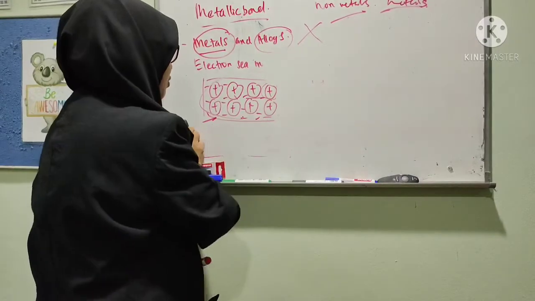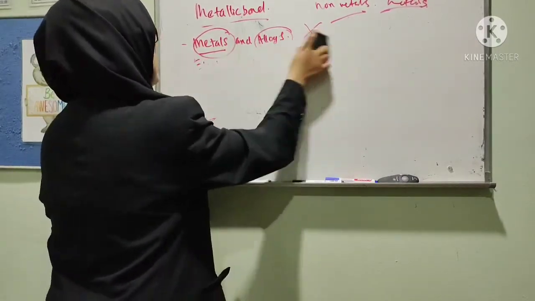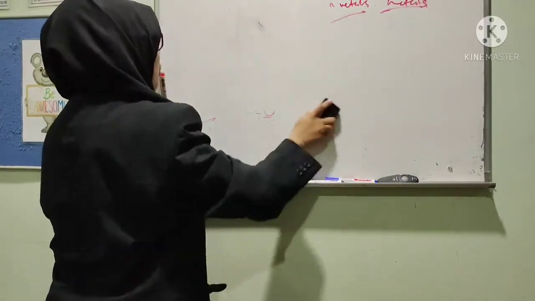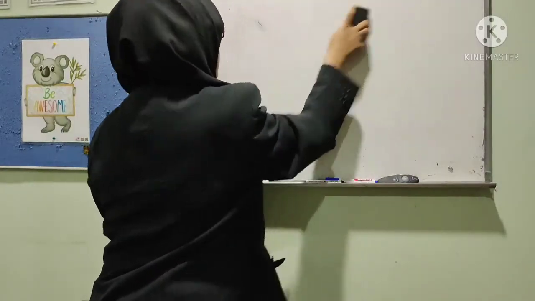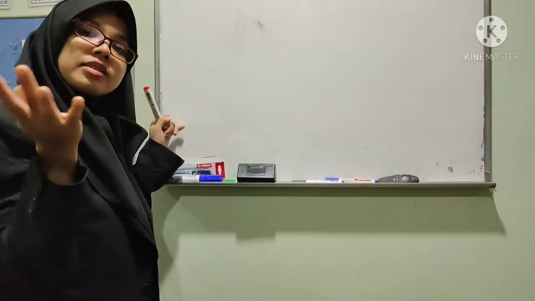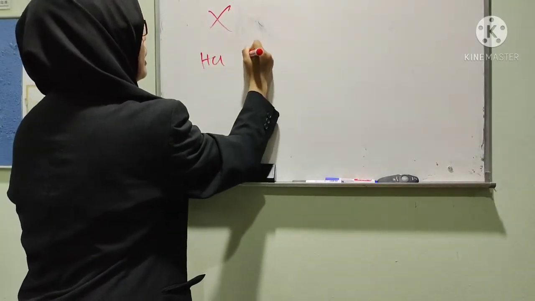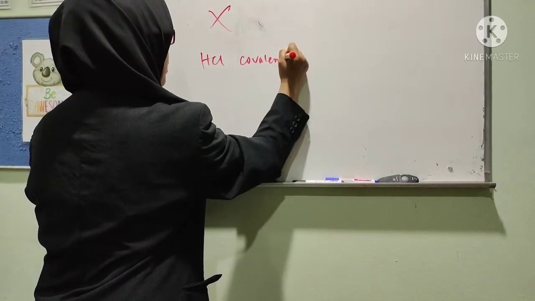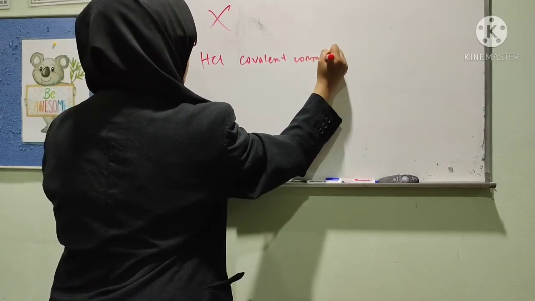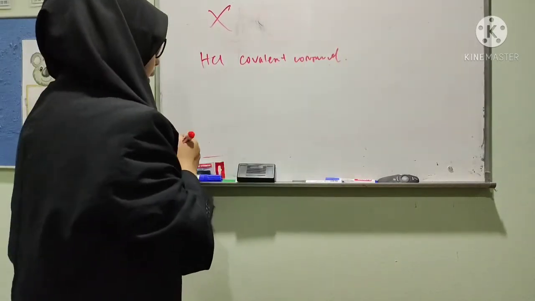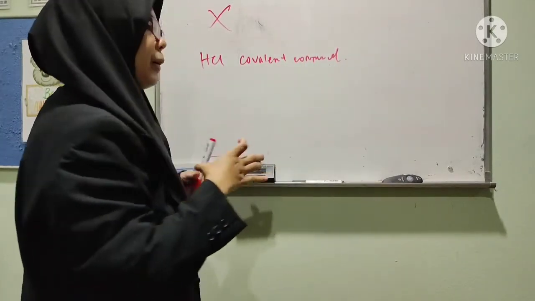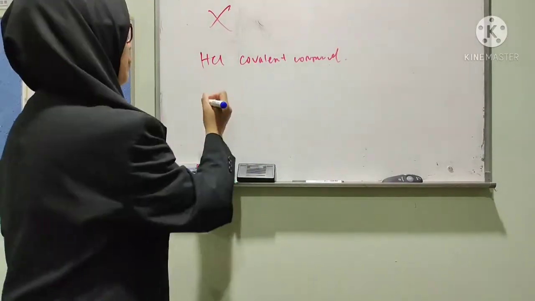They said that hydrochloric acid is an ionic compound. Is HCl an ionic compound, guys? No, HCl is a covalent compound. Because of what? Okay, so H has how many electrons? 1.